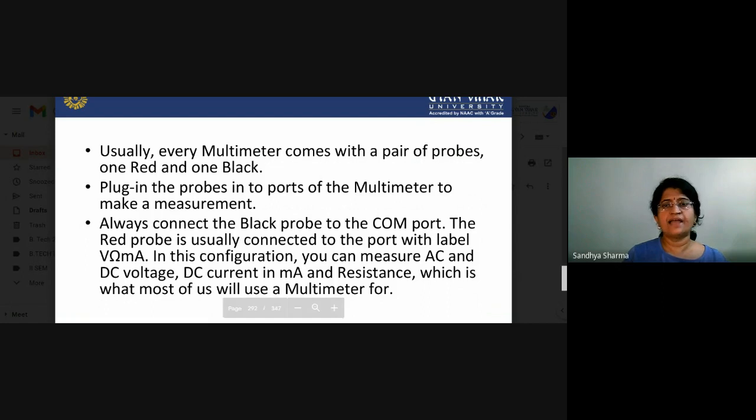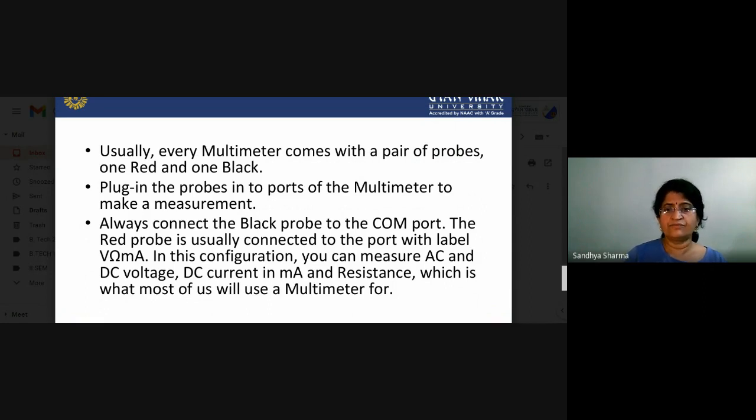Usually every multimeter comes with a pair of probes. One probe is black and one probe is red. Plug the probes into the ports of the multimeter to make a measurement. Always connect the black probe to the COM port, and the red probe is usually connected to the labeled port.